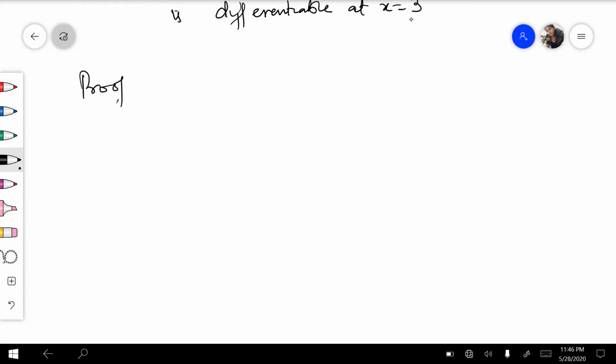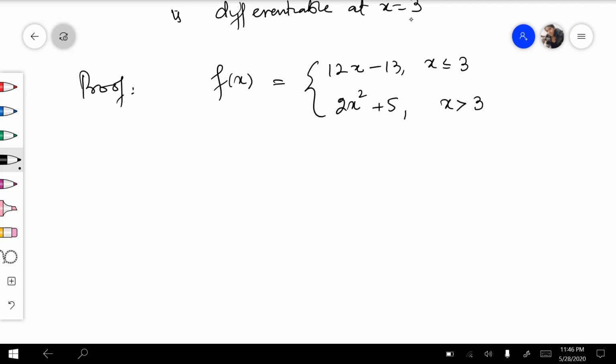Proof: we are given that f of x is equal to 12x minus 13 when x is less than or equal to 3, and 2x square plus 5 when x is greater than 3.